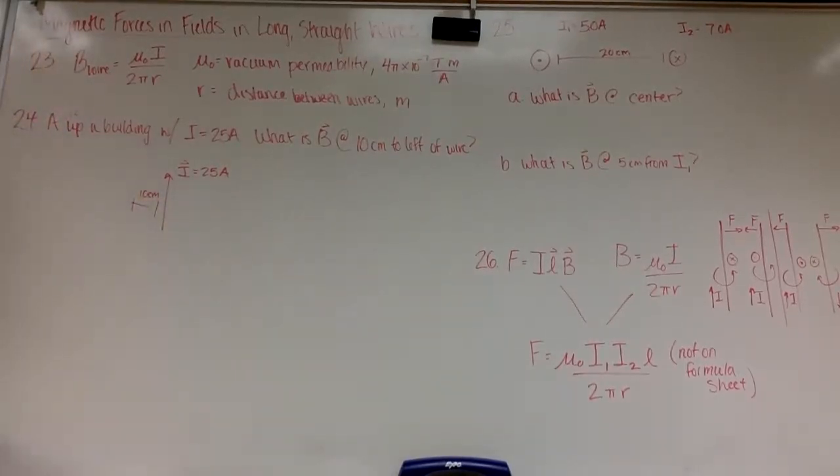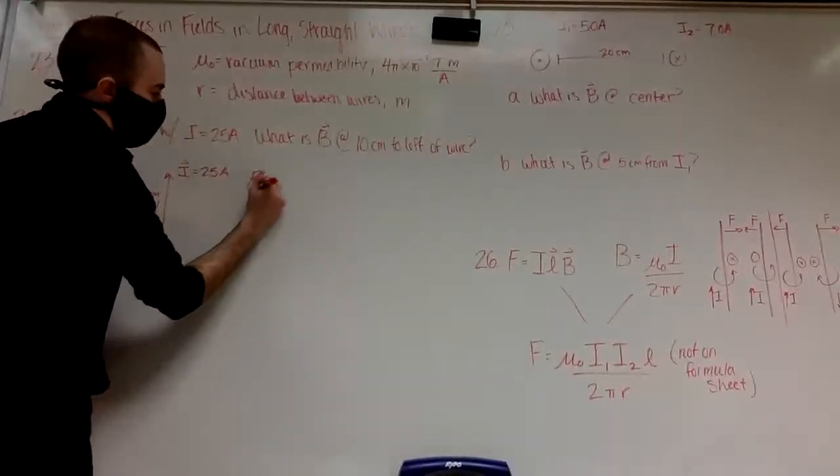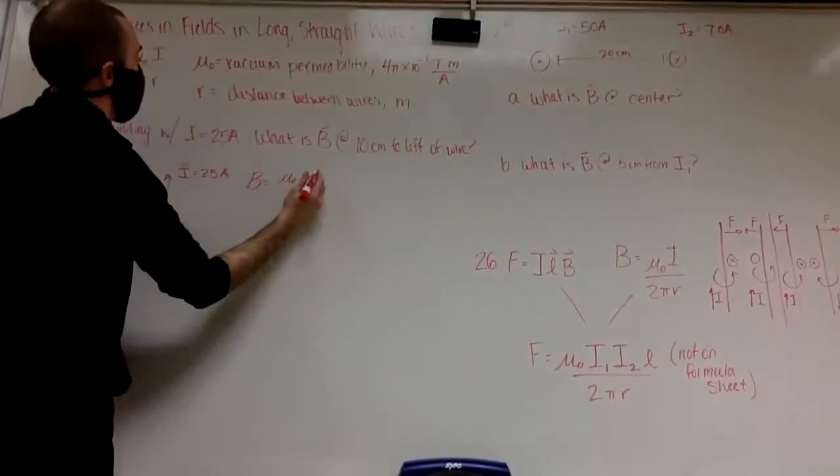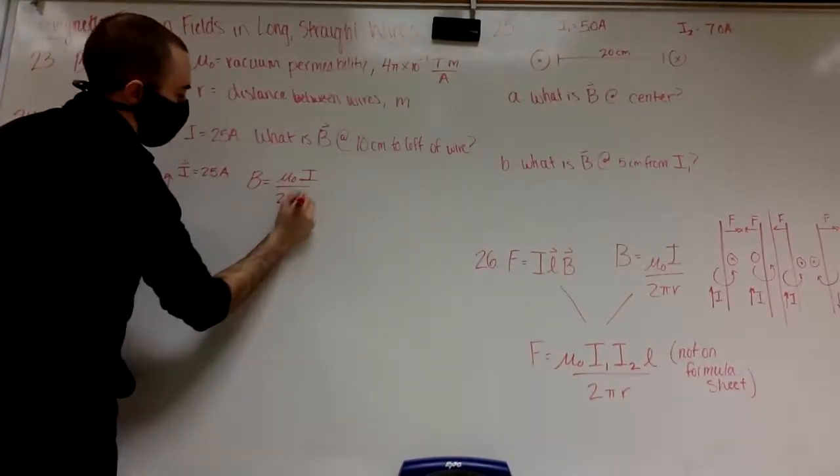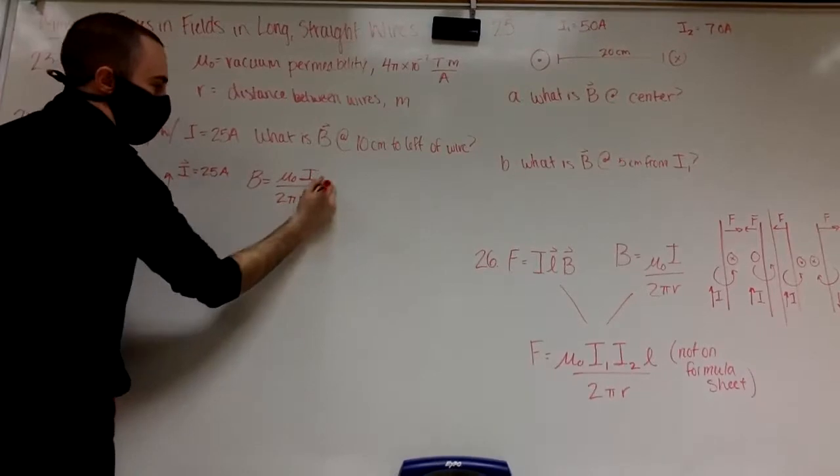Well, I'm going to need to know my magnetic field. I'm going to need to know magnitude and direction. How do we find magnitude? Right here. B equals mu naught I over 2 pi r. Plug in my numbers here.